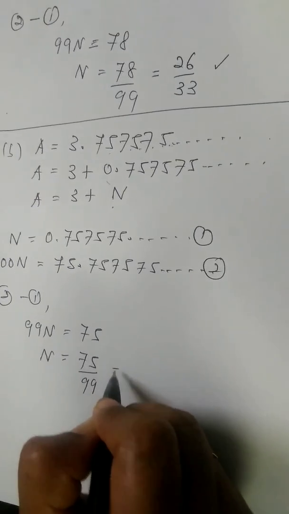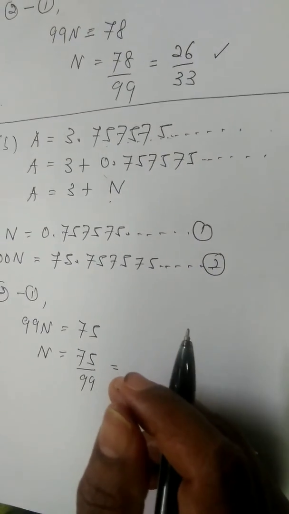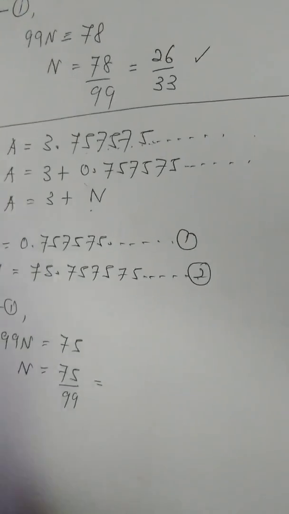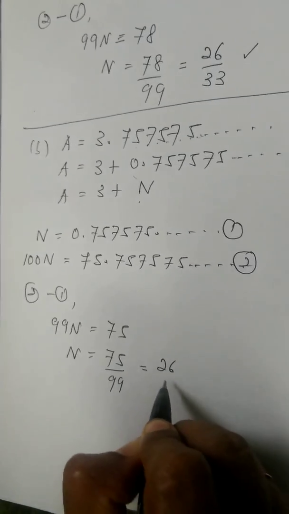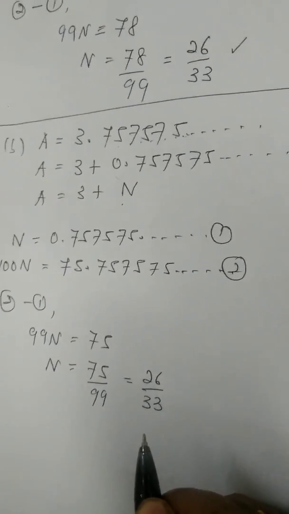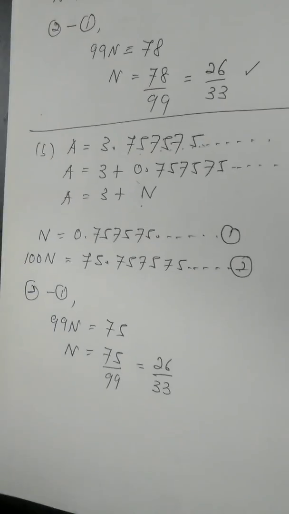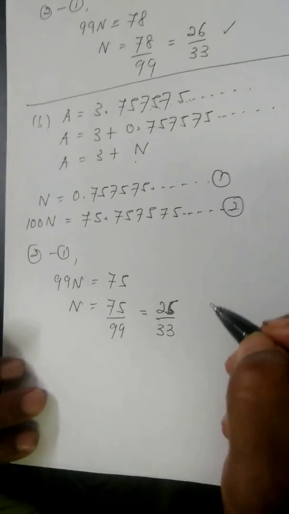This can be simplified to, sorry, 25 over 33.